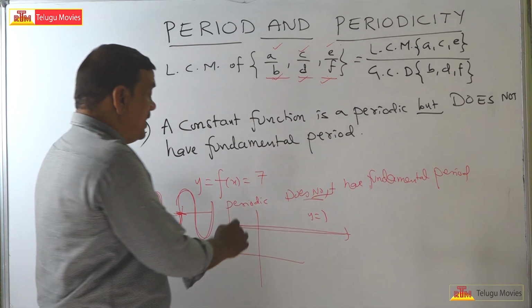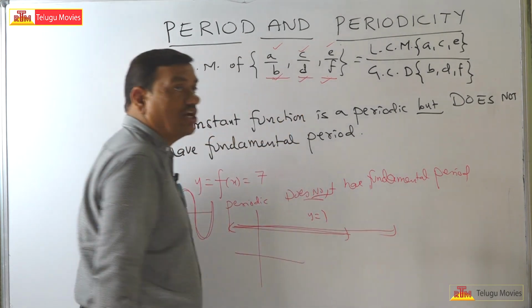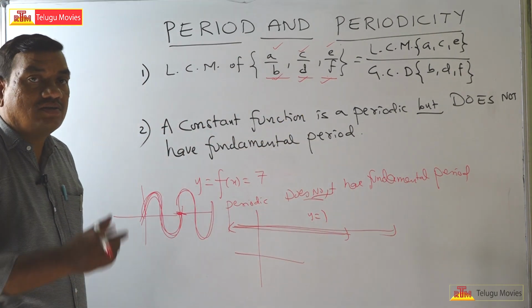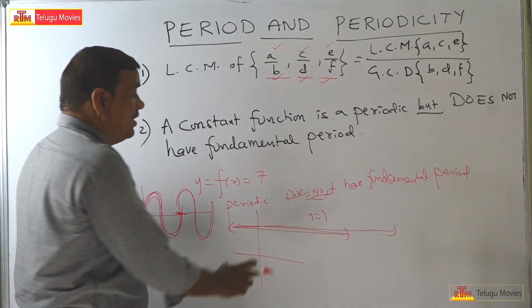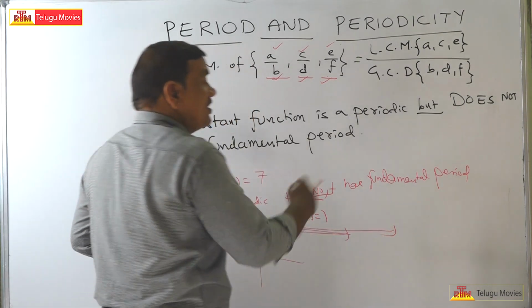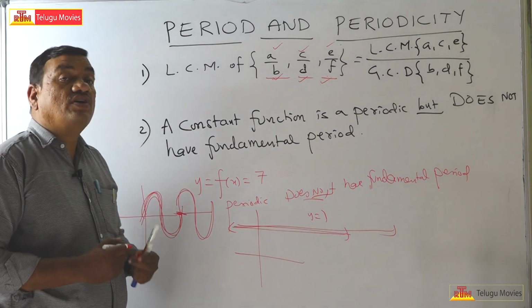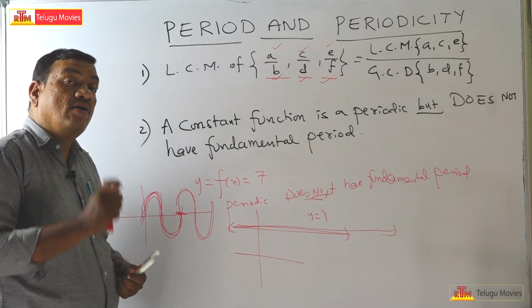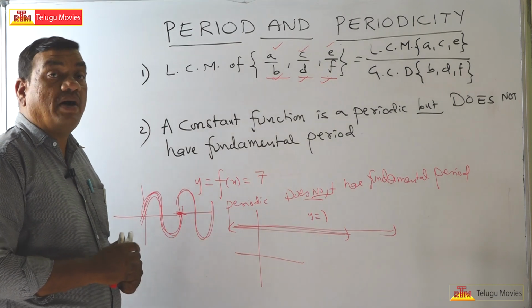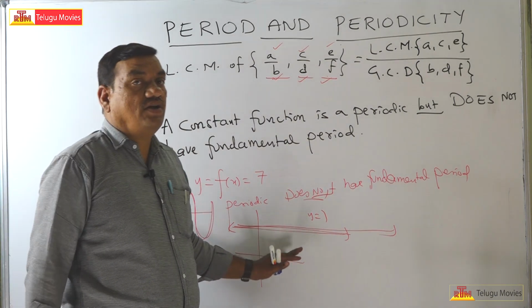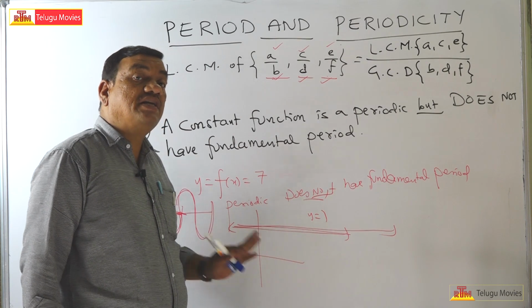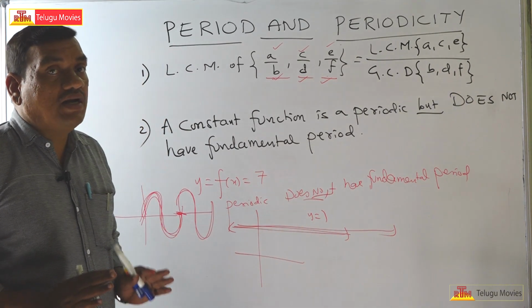But for a straight line, we cannot say a fundamental interval in which the graph is repeating. That's why a constant function does not have a fundamental period, but it is a periodic function. Every constant function is periodic, but it does not have any fundamental period.